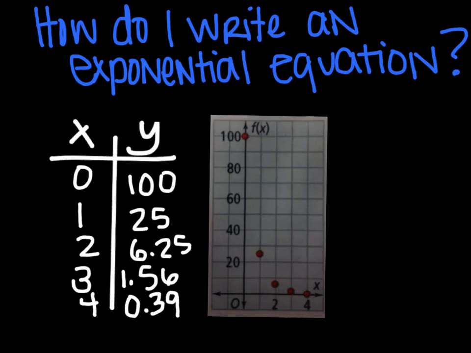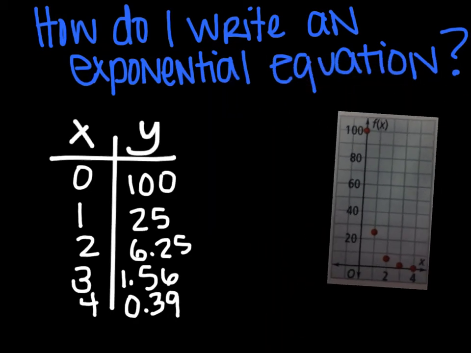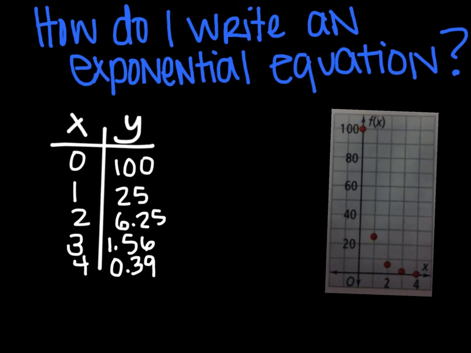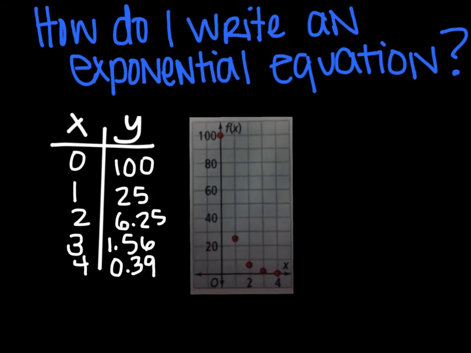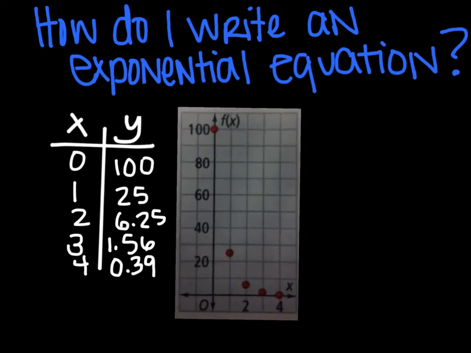How do you write an equation? So sometimes you will be given a graph like you see here, or a table, and this table happens to be for this graph, since some of the numbers are not so nice. And then what you're going to do is just find out what the equation is going to be.